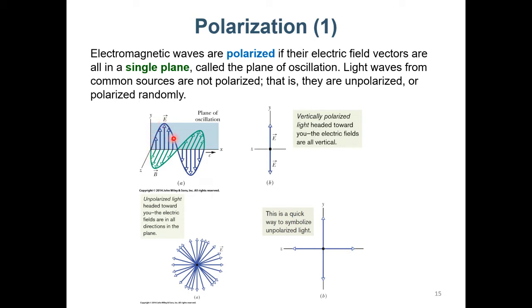So you can see we have the E field in the y-axis, and the B field in the z-axis. So this wave propagates in the x-axis.